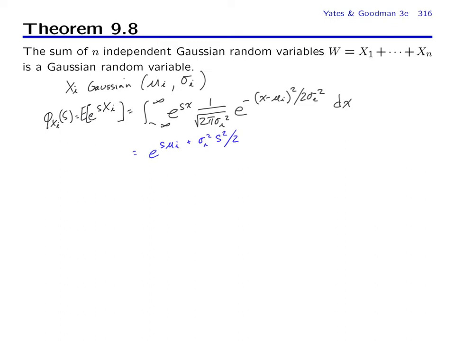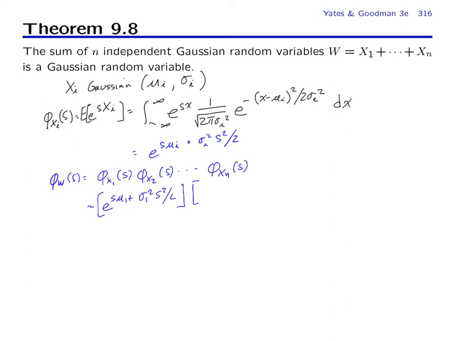With this result, we're ready to prove our claim. The moment generating function of W is equal to the product of the moment generating functions. And we can write these down. The first one is e to the s mu 1 plus sigma 1 squared s squared over 2.